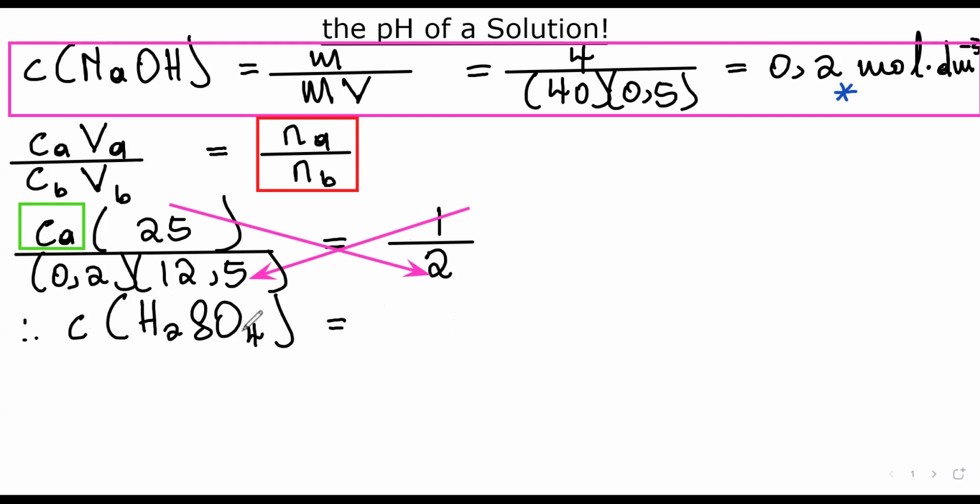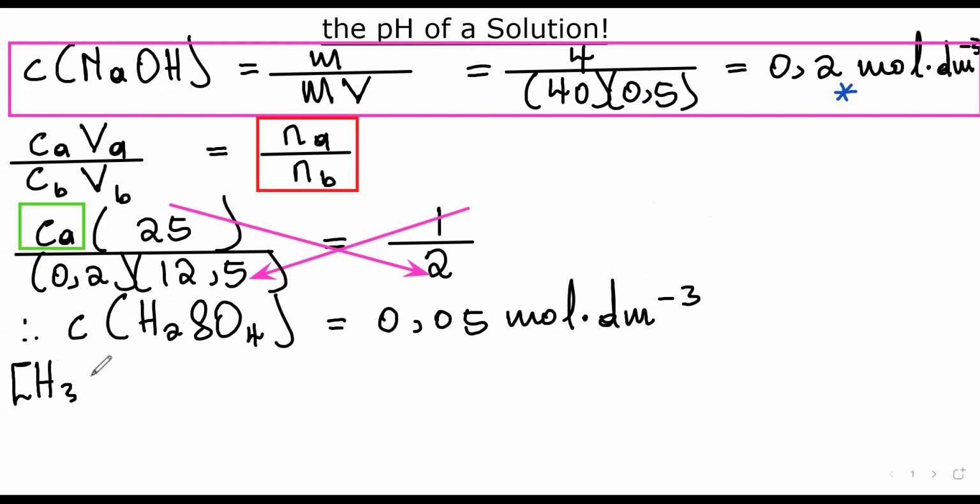And when I do, I find that the concentration of the acid will just be 0.05 mole per cubic decimeter. But now we know that sulfuric acid is a diprotic acid, which means that the concentration of the hydronium ions will be twice as much as the concentration of the acid.